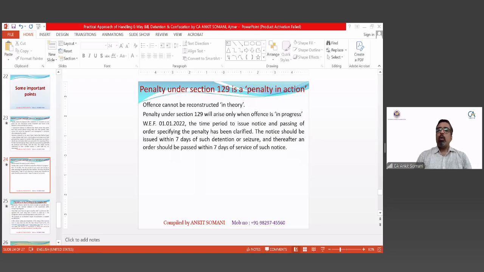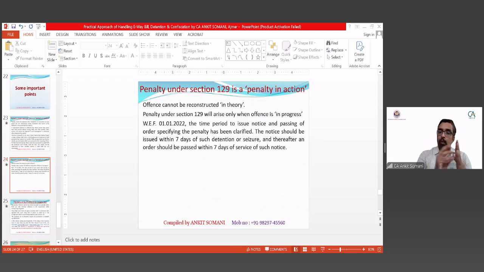We can also refer to the judgment of the Gujarat High Court in Shri Govind Alois. You can also note down this citation: Shri Govind Alois versus State of Gujarat, 2023, 148 Taxman 382. The e-way bill had expired 41 hours before, due to the truck having remained in non-motorable condition.